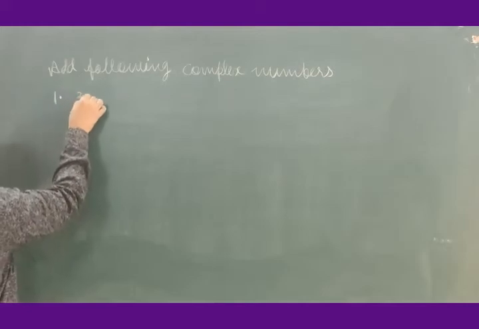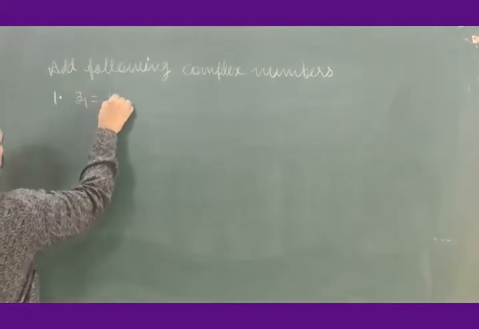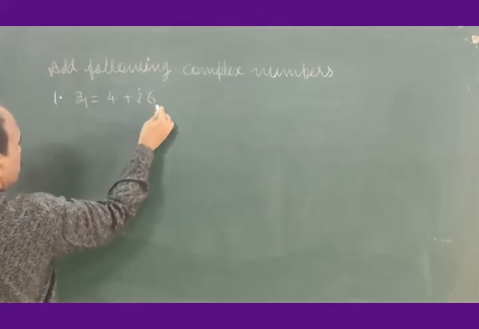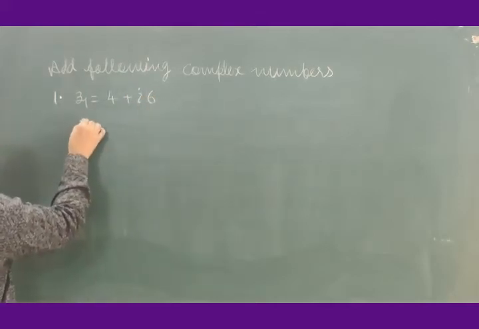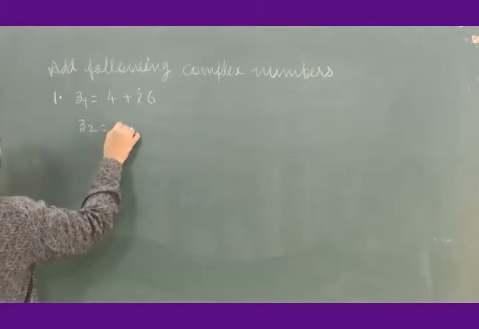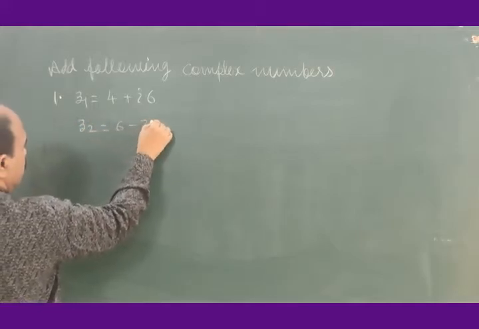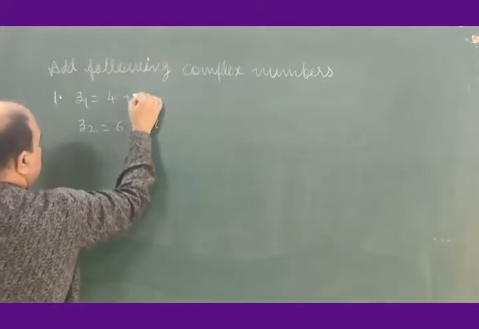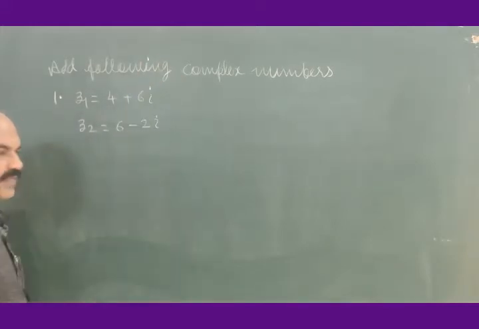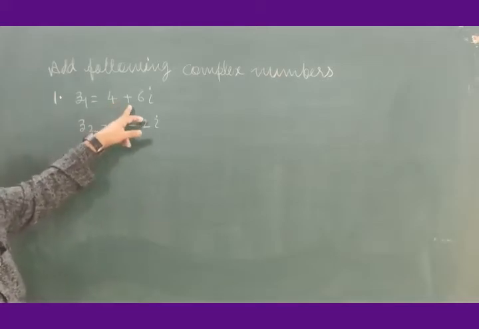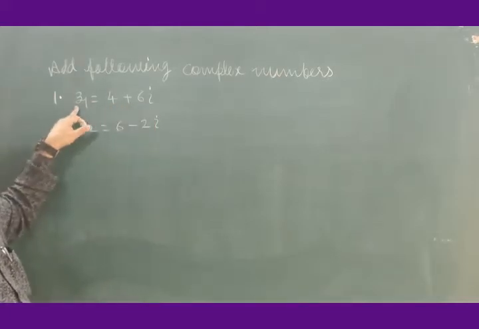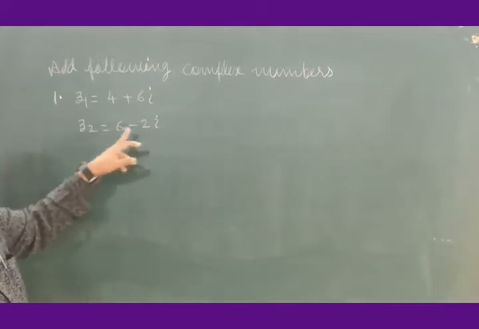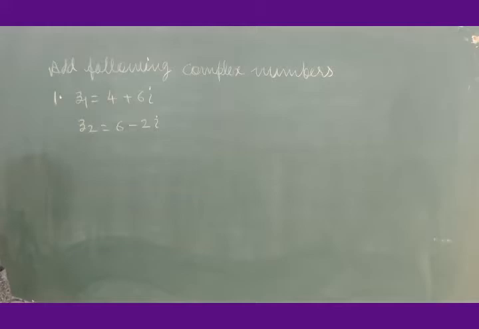Z1 is equal to 4 plus 6i, Z2 is equal to 6 minus 2i. This is the real part, this is the imaginary part of complex number Z1. This is the real part, this is the imaginary part of complex number Z2.